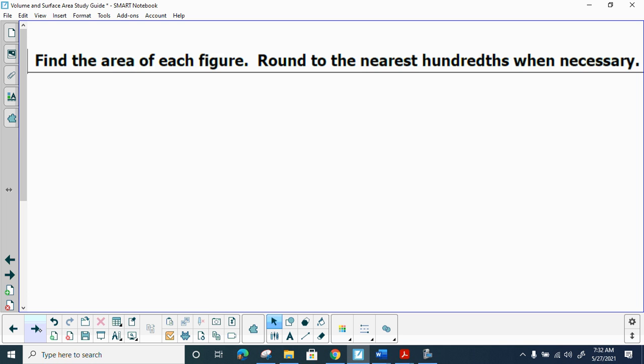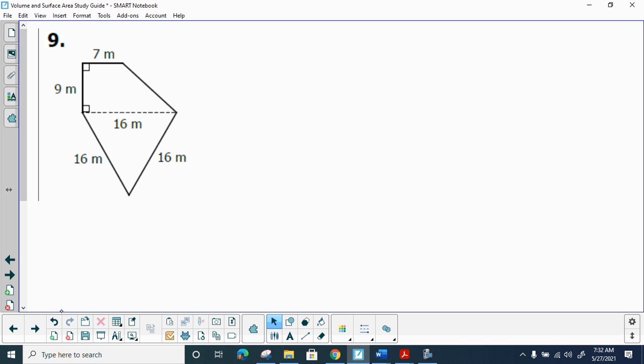Next, we're going to, again, be finding area, rounding to the nearest hundredths. And here we have a composite figure. So we've got two shapes put together. We have first a trapezoid on the top, and then we have a triangle on the bottom. So for our trapezoid, remember the area is the average of the bases times the height of that trapezoid.